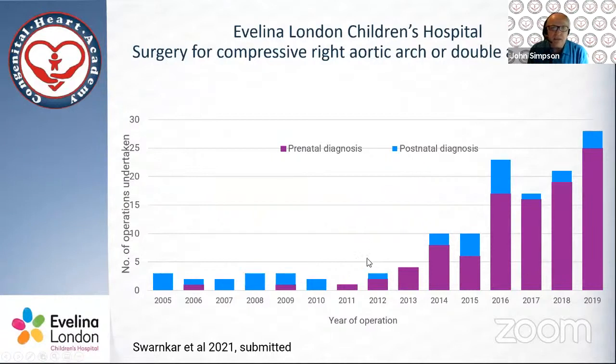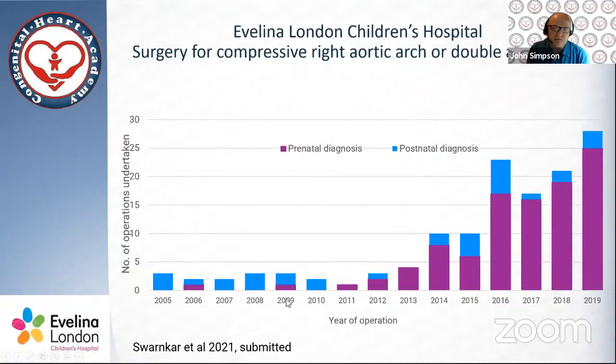Why are we interested in all of this? We're interested because if the trachea and esophagus lie between the arches, or between a right arch and a left duct, there is the potential for compression of the trachea and bronchi and the esophagus.